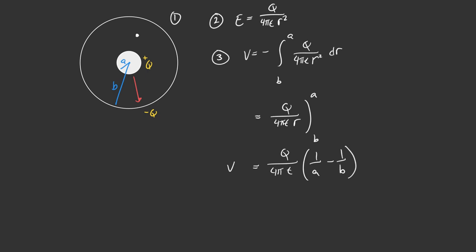Think it through. Go ahead. Positive. How do you know? Because 1 over A would be a larger number since you're dividing by A, which is smaller. Right. A is smaller, so 1 over A minus 1 over B is going to be positive. All good? All right, so this is our electric potential.